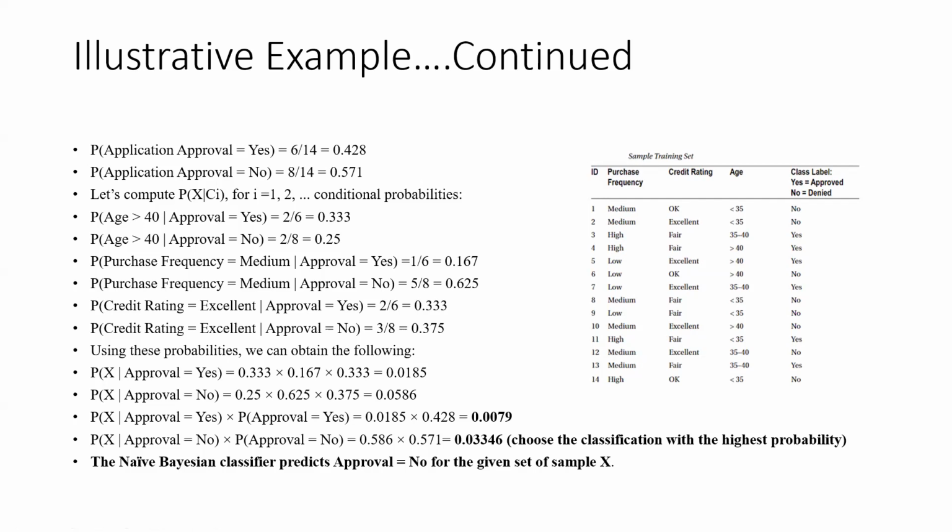Yeah. Okay, so now we've calculated the probabilities. We've also calculated the conditional probabilities. These are the ones we know. So using these probabilities, we can determine the probability of approval. For us to determine that approval is yes, we take the probabilities of every one of the yeses, and then we multiply.